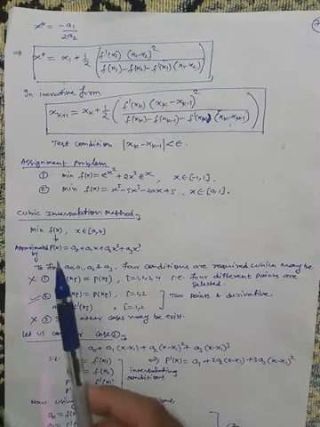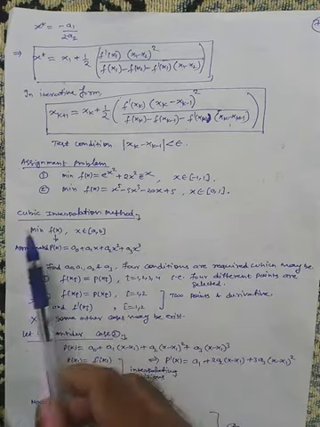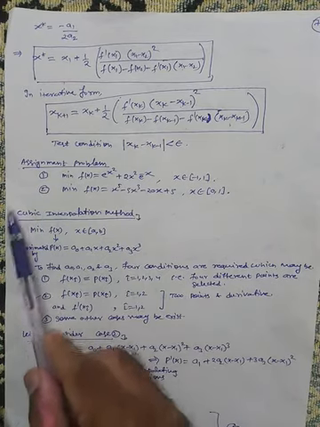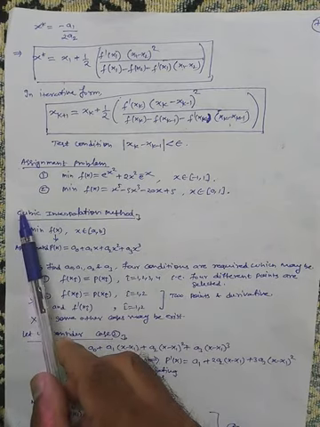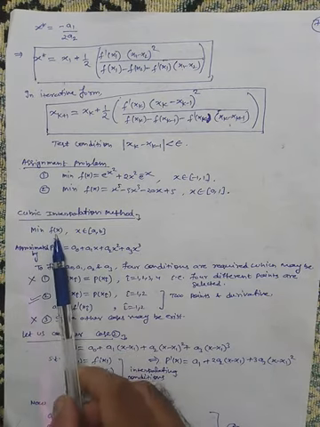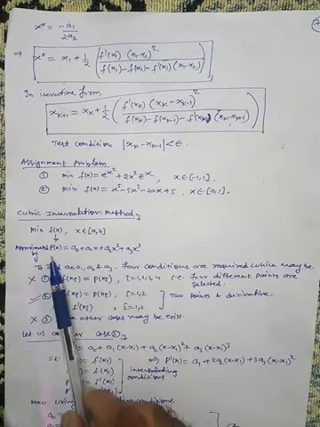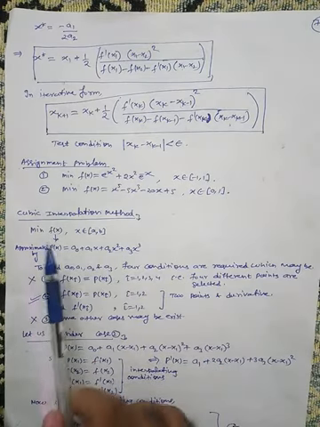Students, in this video we will discuss cubic interpolation method. In the previous video we discussed quadratic interpolation, in which the problem minimum of f of x has been approximated by a polynomial of degree 2.